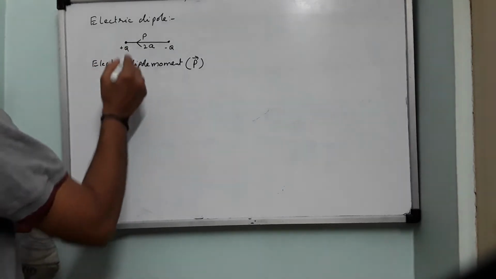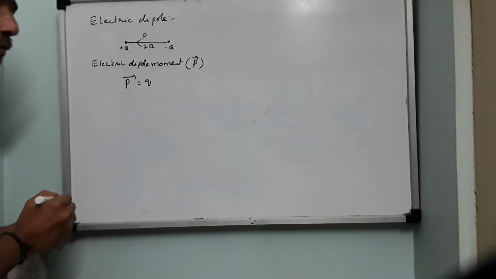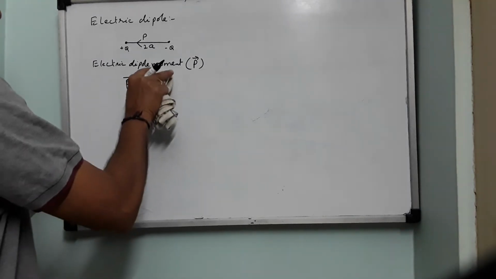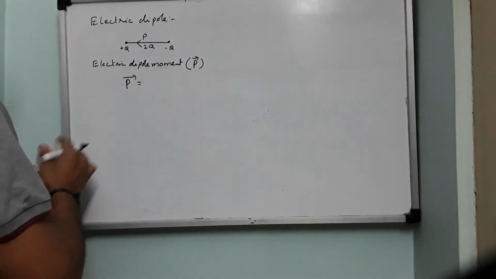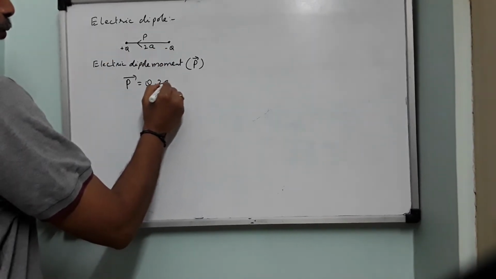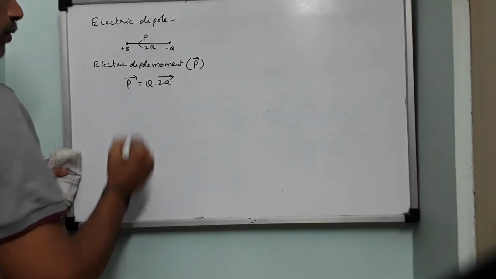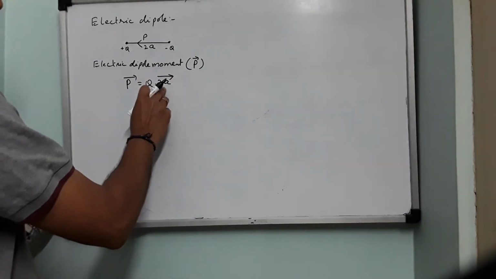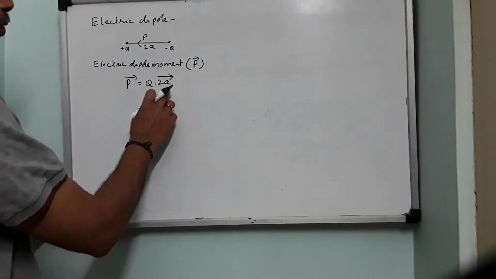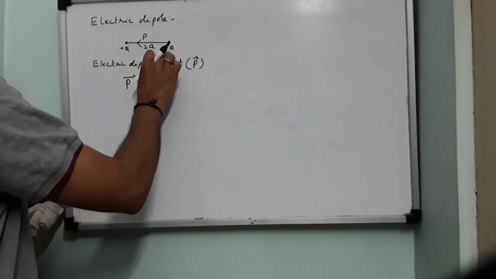Now if you define P, it is the product of magnitude of any one charge into separation between them, 2a. In order to make P a vector quantity, this 2a will be taken as a vector. A vector when multiplied by a scalar will remain a vector. The direction of 2a is from minus q to plus q.